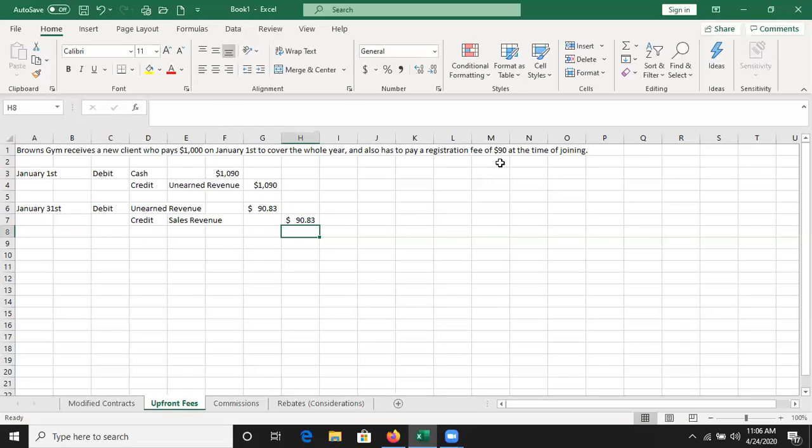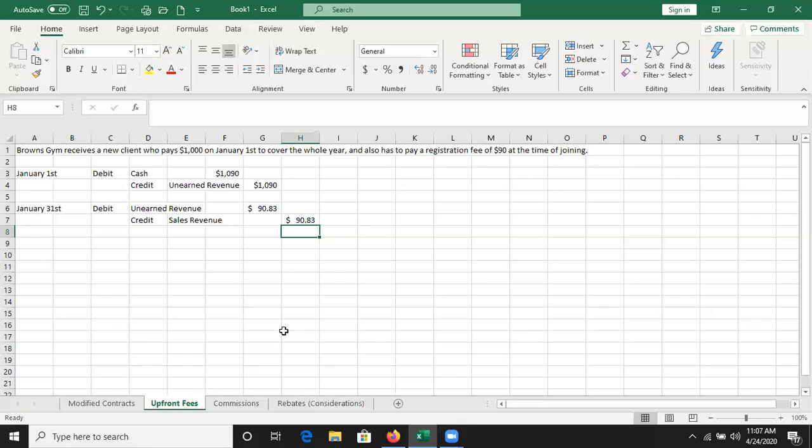So registration fees just get added to the sales revenue. It doesn't have to go to a separate account. Same thing with any type of initiation fee or startup fee a company receives when a customer has to pay you.